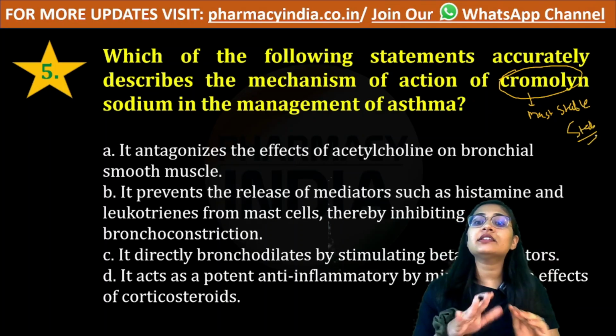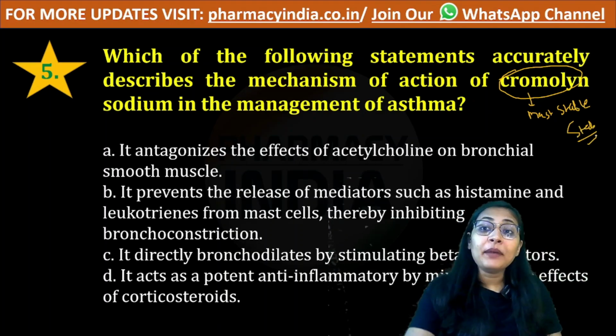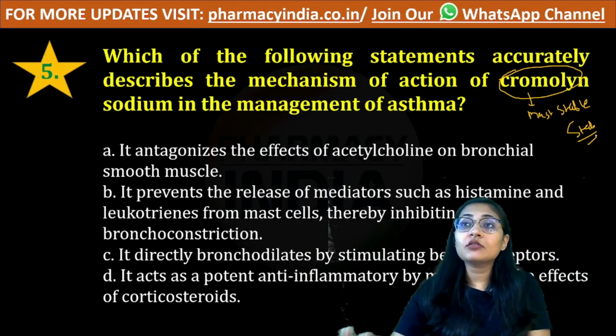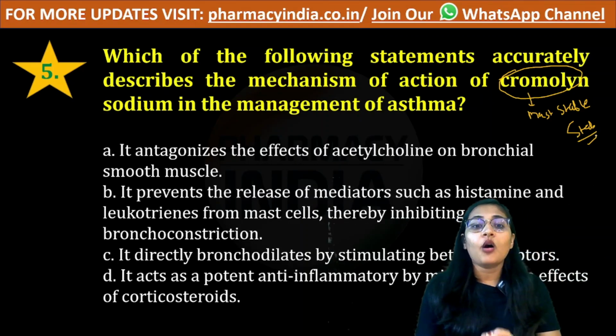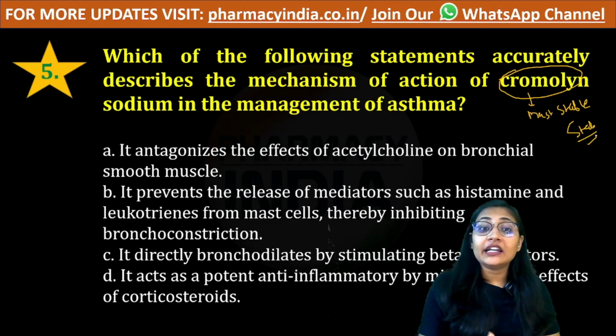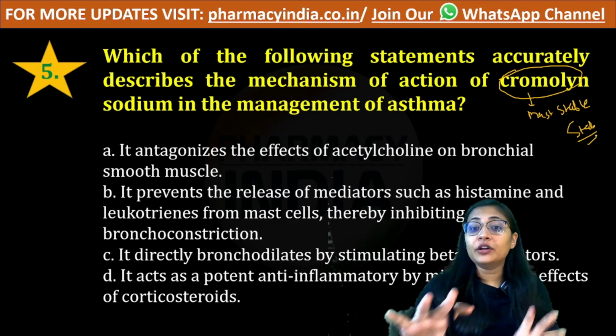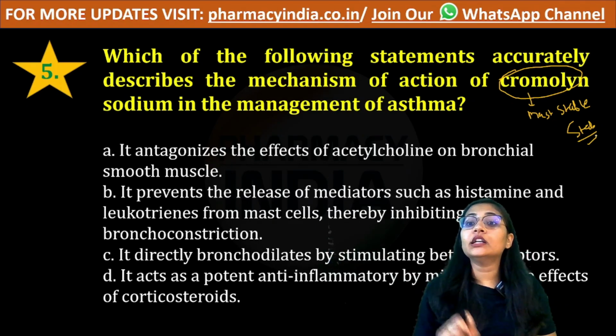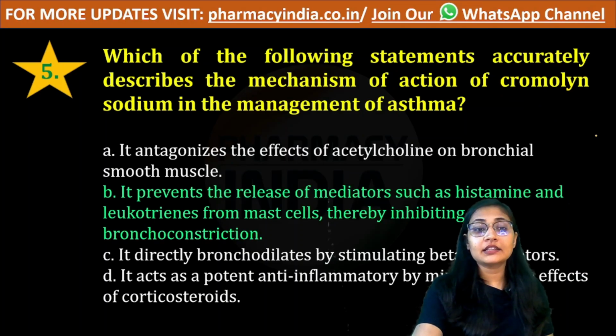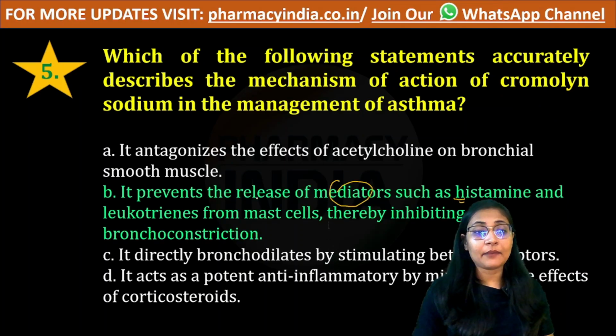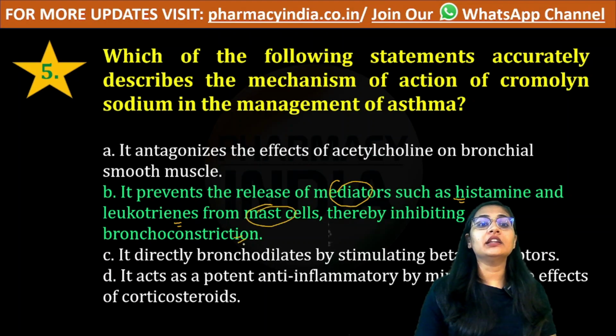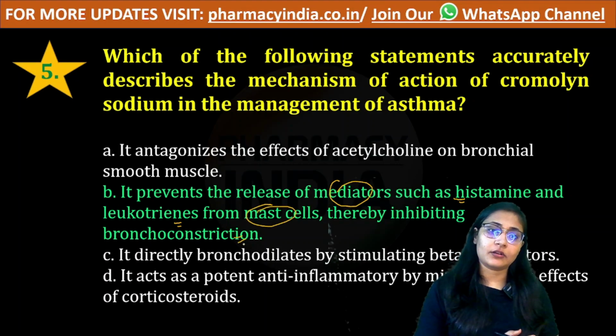It stabilizes the mast cell. It would inhibit or prevent the release of histamine or leukotrienes. Ultimately, this would result in inhibiting bronchial constriction. So option B is correct. It would prevent the release of mediators such as histamine and leukotrienes from mast cells, thereby inhibiting bronchial constriction.